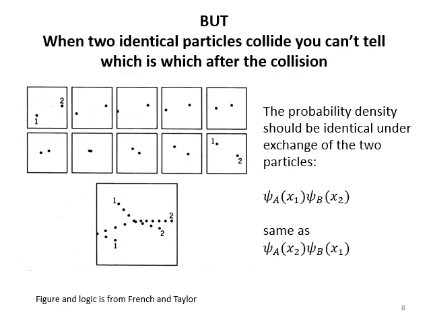All right, but quantum mechanics tells us that the probability density should be identical if I switch the two particles with one another at any point in time, actually. So the probability density for particle 1 in wave function A and particle 2 in wave function B had better be the same as particle 2 in wave function A and particle 1 in wave function B.